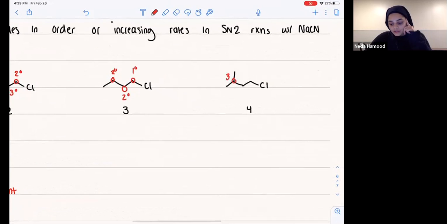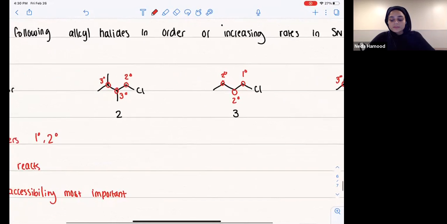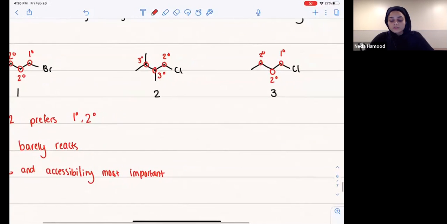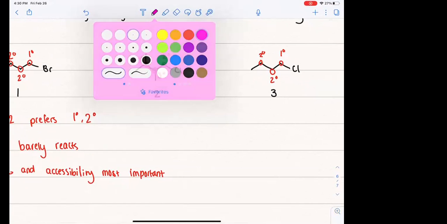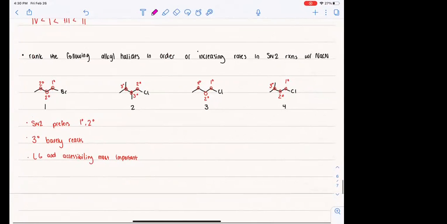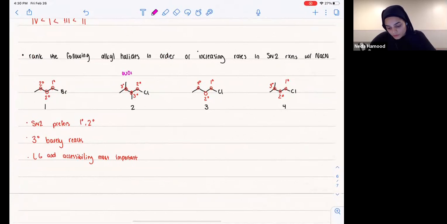And then over here we have a tertiary, secondary, and that is a primary. So looking at these, which one do we think is going to be the worst? Would it be the second one? So this one is going to be the worst one.